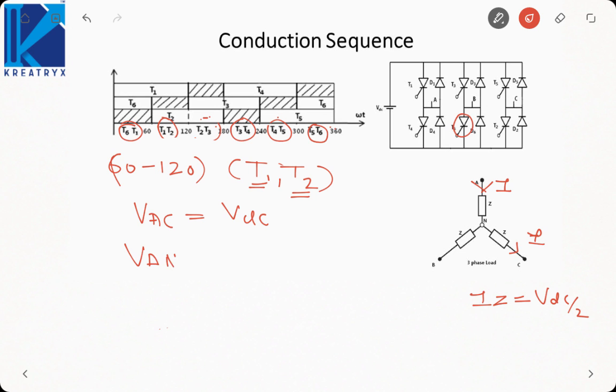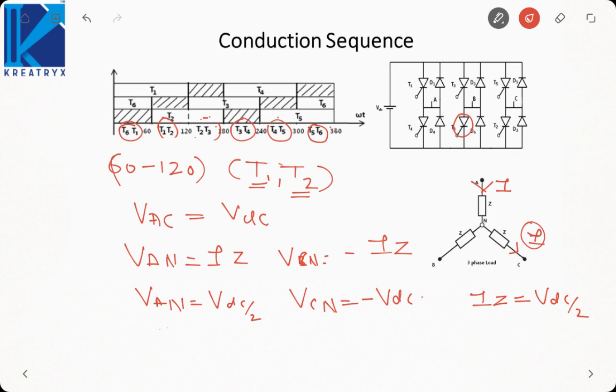VAN is equal to IZ. VCN is equal to minus IZ because current is going out of C phase, due to which VAN is VDC by 2, VCN is minus VDC by 2. What happens in 120 to 180 degree?